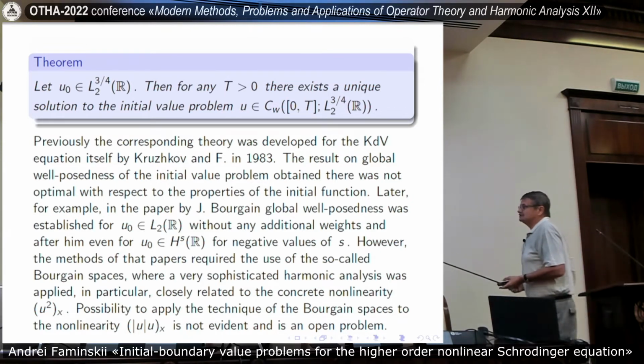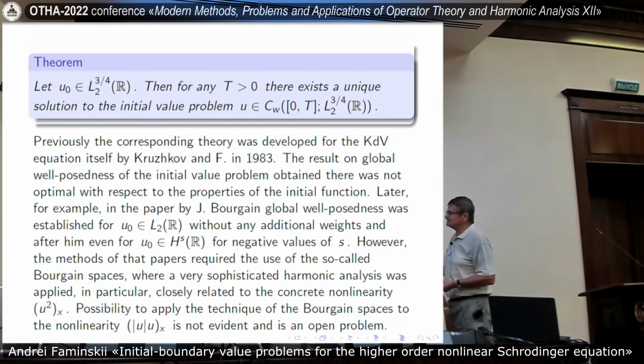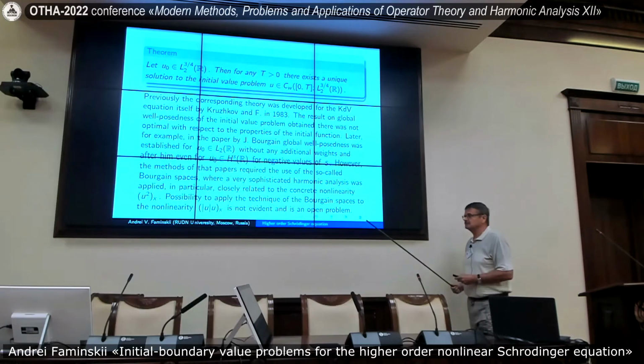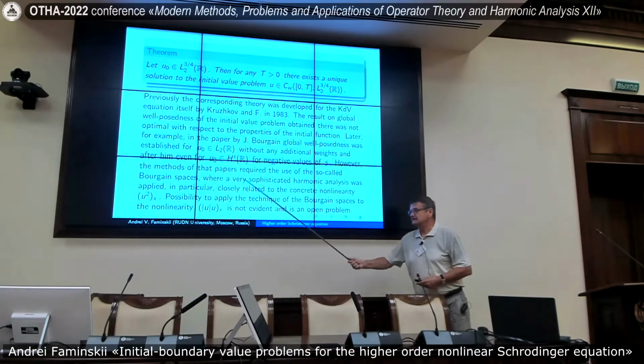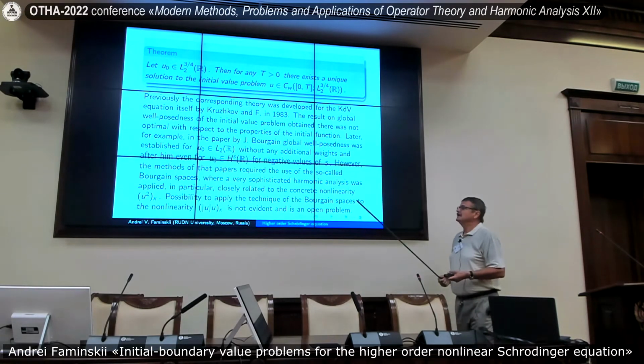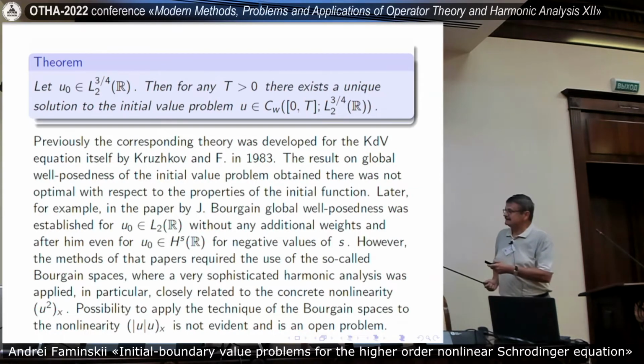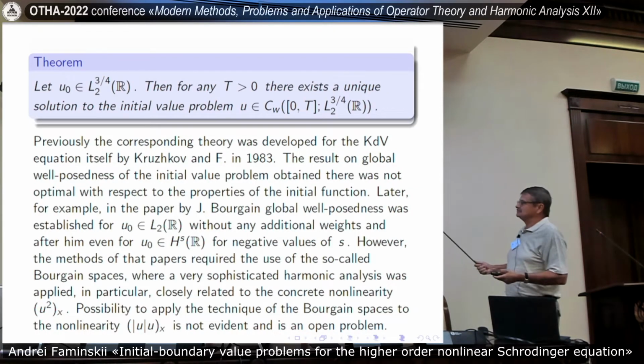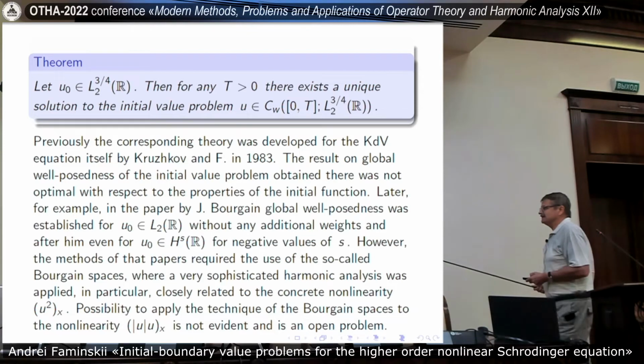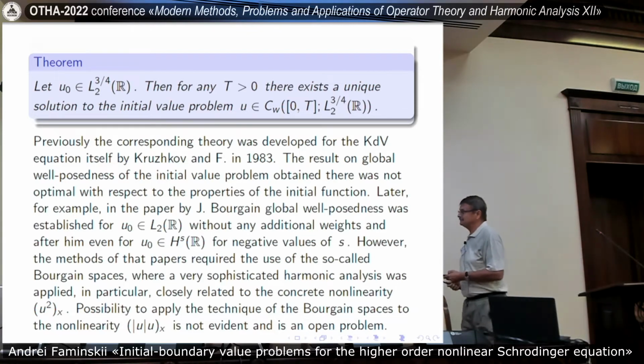And nobody knows how to use the Bourgain spaces in our case, when we have here modulus of U times U. So it's an open problem. I don't know how to apply Bourgain spaces for my equation. Maybe in the future.